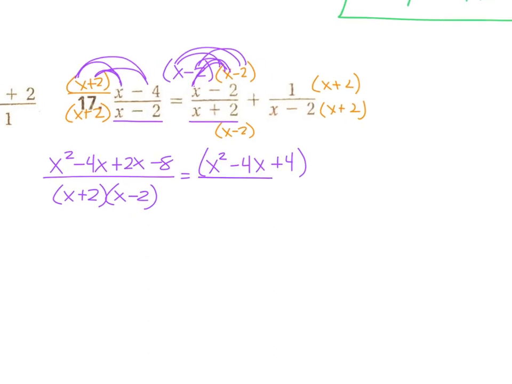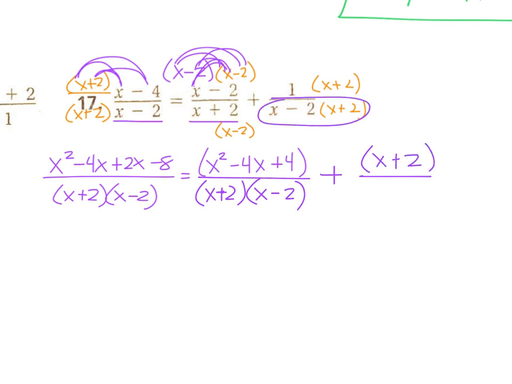And again, that's over our x plus 2 times x minus 2. Okay. And then it's plus. And now on top here, we would just have x plus 2. Again, over this. And since we have our common denominator here, let's just call that our whole denominator, and we're adding these together.